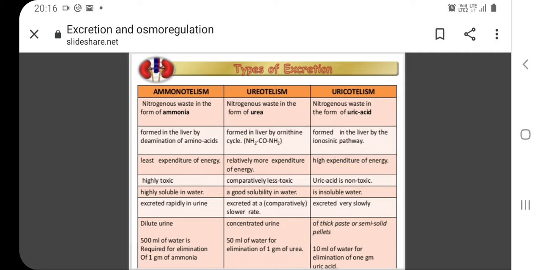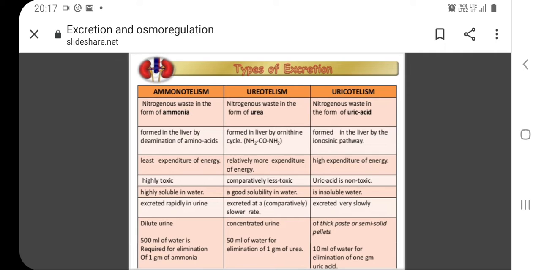It is formed in the liver by deamination of amino acids. It is the process which requires minimum energy. That is, the energy required by this process is minimum. Ammonia is highly toxic. Ammonia is very soluble in water. It is excreted rapidly by urine.